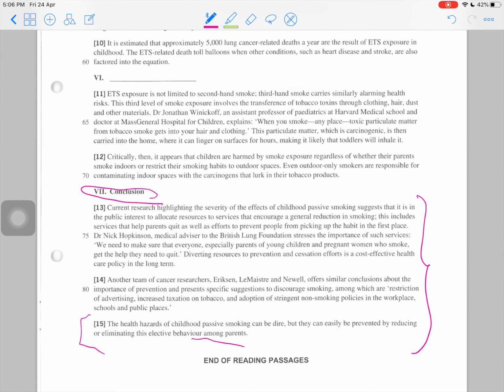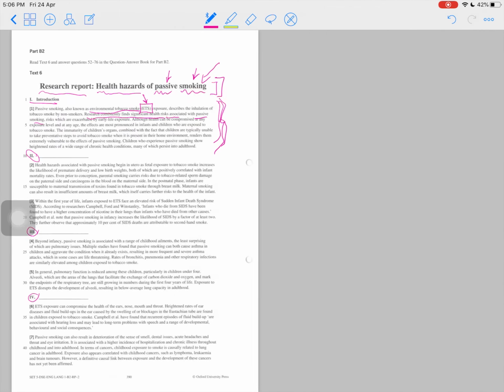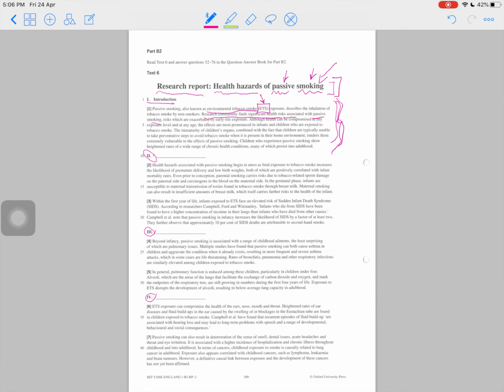If this is the conclusion, you can kind of guess already what the whole report is about. So this is how you actually prepare your brain for information to come.